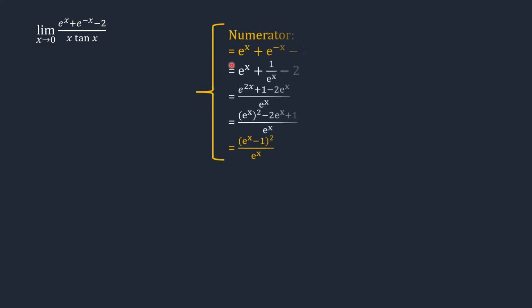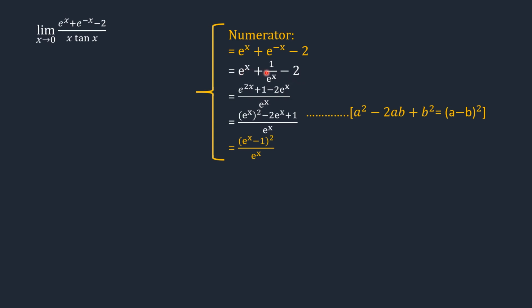Solve limit e to the power x plus e to the power minus x minus 2 divided by x tan x as x approaches 0. Here, first we will simplify the numerator. In the numerator, we will write e to the power minus x as 1 over e to the power x. Now here, e to the power x is the common denominator.